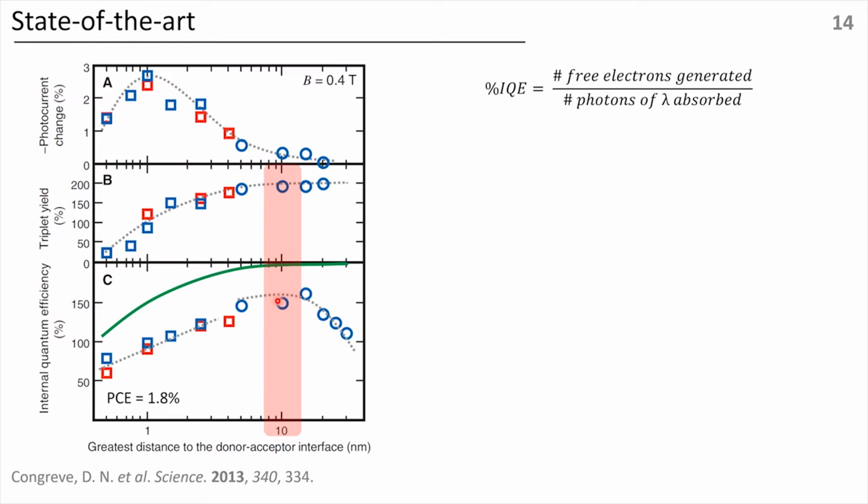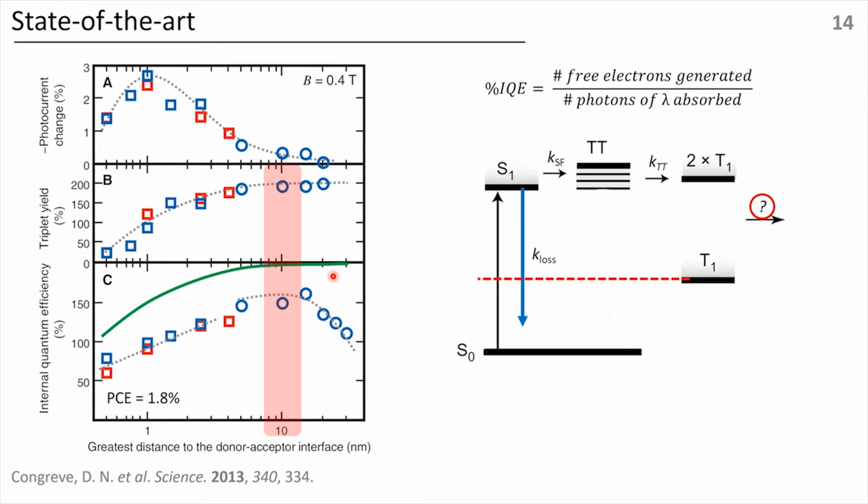So by pointing this out to the audience, I make another transition to the next point I talk about, and essentially that has to do with what happens to the free charges we generate from singlet fission, in this case, after the actual process.